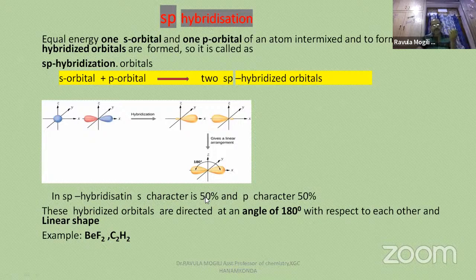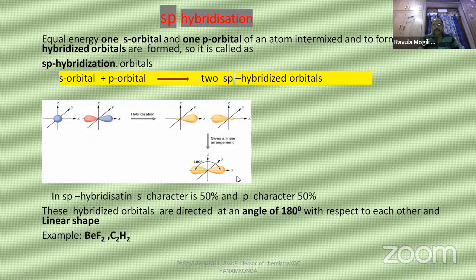They ask how much s character and p character is present in an sp hybridized orbital. One s orbital and one p orbital are involved in sp hybridization. Therefore, in sp hybridization, the s character is 50% and the p character is also 50%.